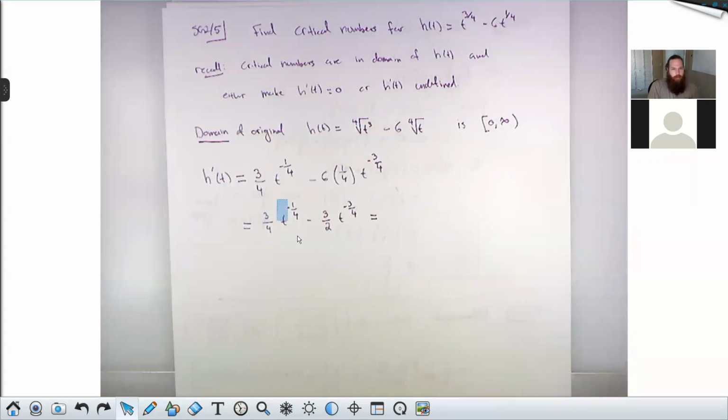So I've got t to the negative 1/4 and t to the negative 3/4. Both of those have negative powers. If I want to clean this up as much as I can, the fastest way is to identify which of the negative powers is larger. Here the negative 3/4 is definitely larger than negative 1/4. So I'm going to factor t to the negative 3/4 out.